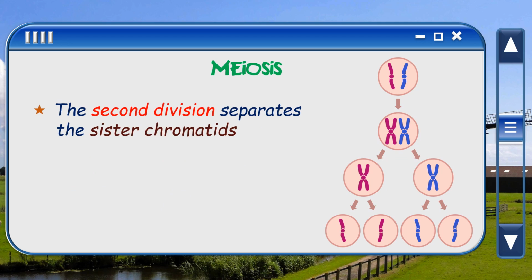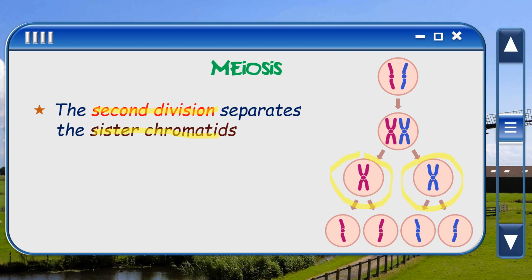Meiosis, we are still in meiosis. Now we have the second division. In the second division, this one separates the sister chromatids. Now let's go to the second division. We have our 2 cells that we got from the first division. Here we have a chromosome, and this chromosome has 2 sister chromatids.